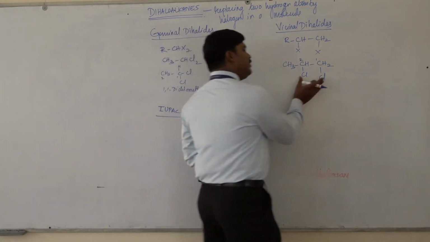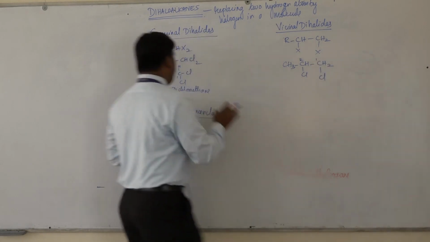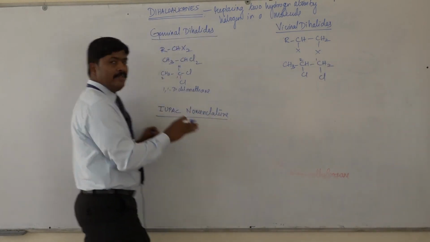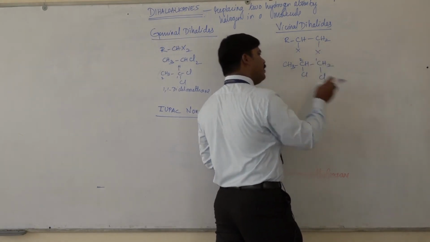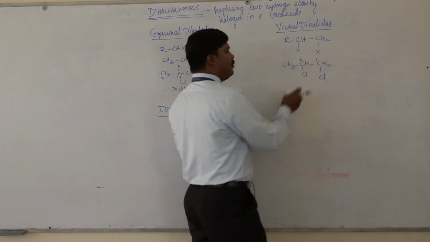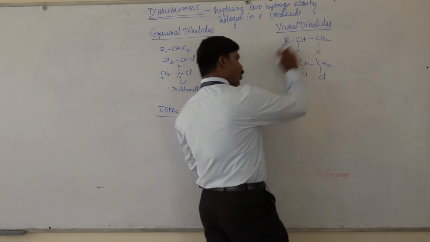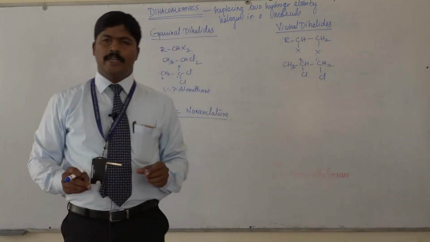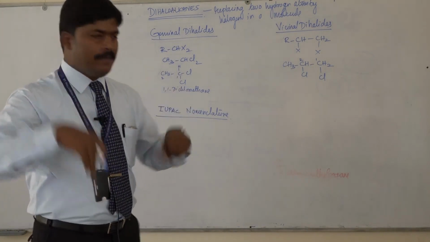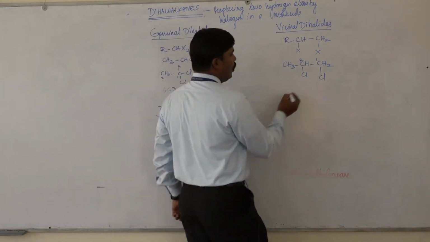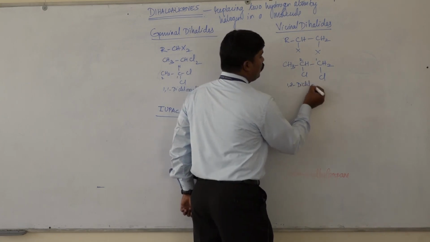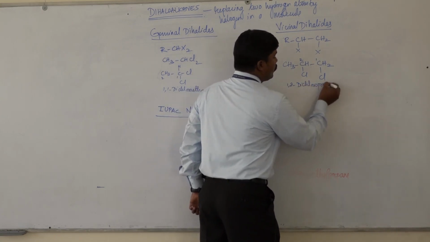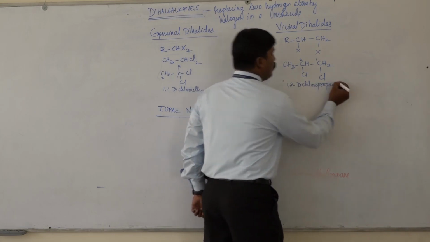So the two halogens are bonded not to the same carbon like what we discussed in geminal, but the first carbon has a halogen, and the neighboring carbon, the second carbon, also has a halogen. The whole molecule has two halogen atoms, but they are not on the same carbon, but on neighboring carbons. Therefore, it is called 1,2-dichloropropane.